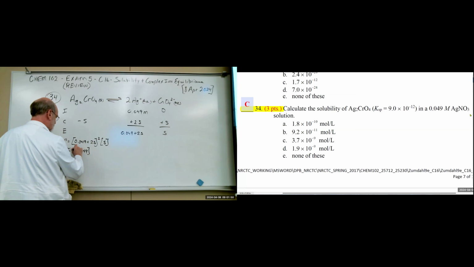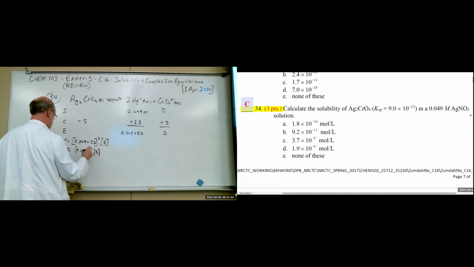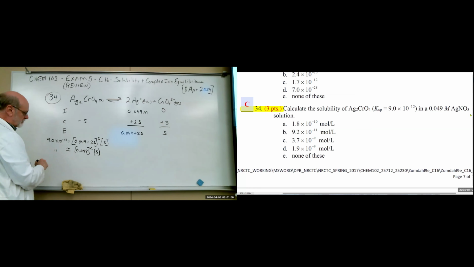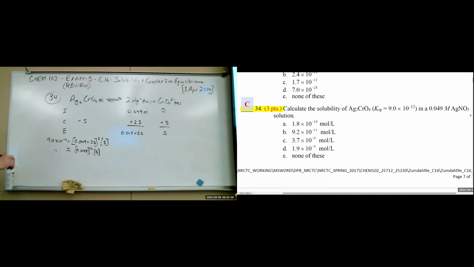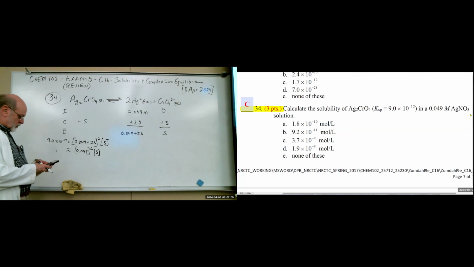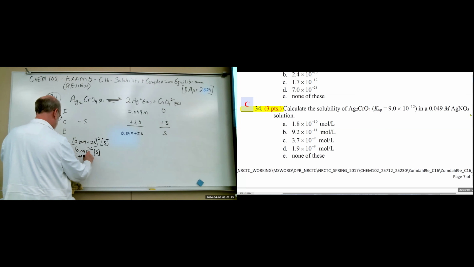So I think we can do 0.049 squared times S equals this value. If I square this one and divide it into that one, that should be S. 0.049 squared is 2.4 times 10 to the minus 3.